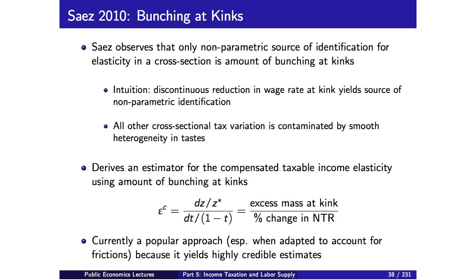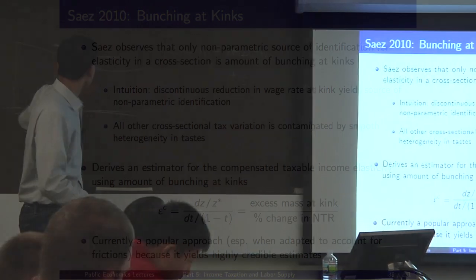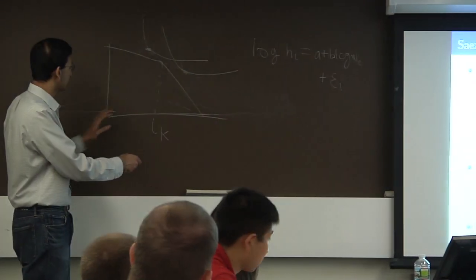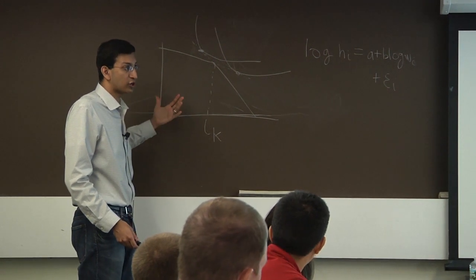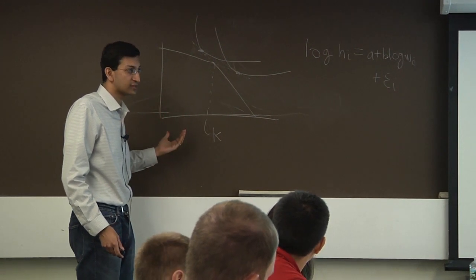Okay, so in this paper, Emmanuel observes that the only non-parametric source of identification for the elasticity in a cross-section is the amount of bunching at kinks. So what's the idea? If I only have a single cross-section of data, and I am not willing to make the assumption that the error term nu is orthogonal to wage rates, I'm not willing to take any stance on that, then any shape of the distribution that I just kind of see generally doesn't tell me anything about the elasticity, because it could have been generated by the underlying distribution of tastes.